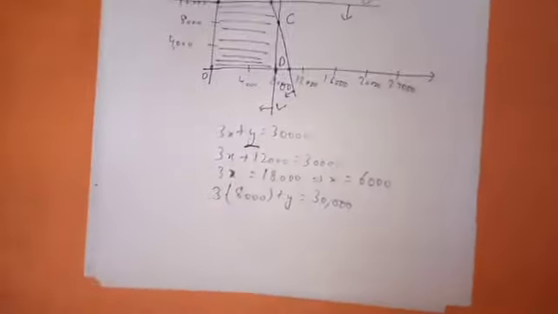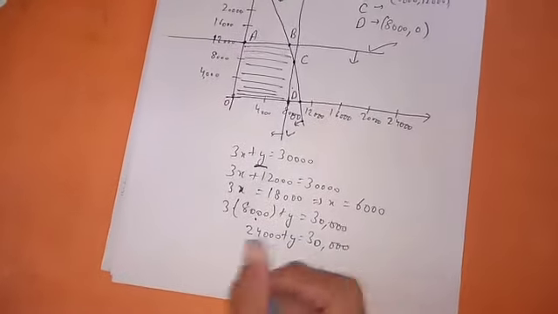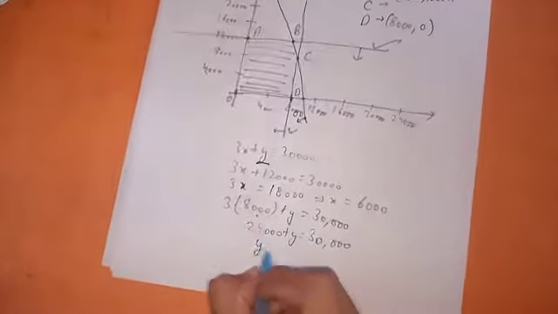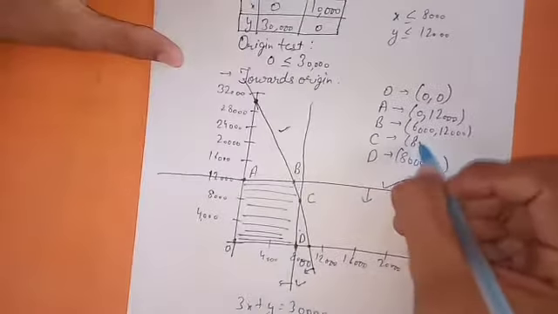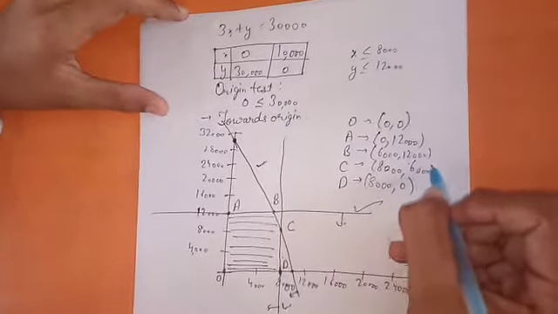X value we keep here 8,000, that was given here, so it will be 24,000 plus y is equal to 30,000. So y value we will get as 6,000. So coordinates of C are 8,000 and 6,000. Okay.